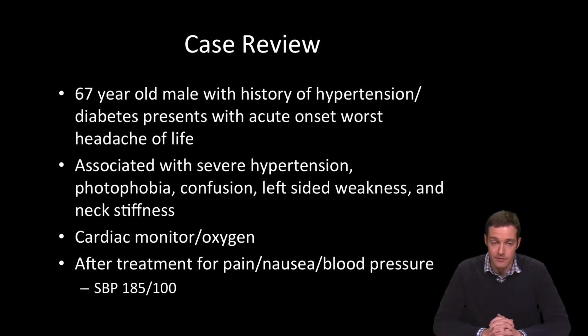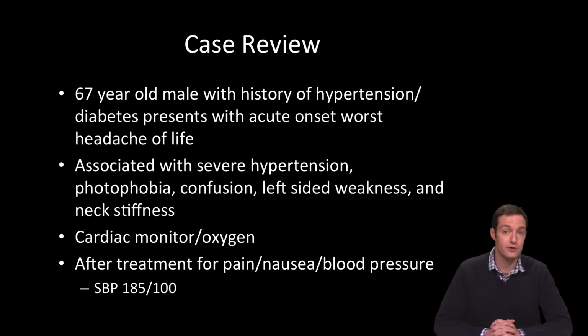Just to review from our last 2 parts of the case, we have a 67-year-old male with a history of hypertension and diabetes that presents with acute onset worst headache of life, associated with severe hypertension, photophobia, confusion, left-sided weakness, and neck stiffness. We've so far started the patient on oxygen, started an IV, and he's currently on a cardiac monitor.